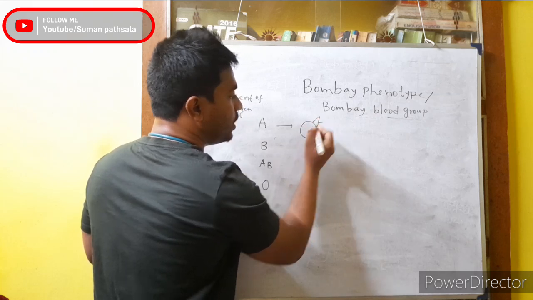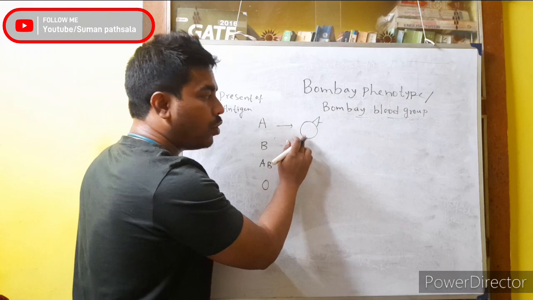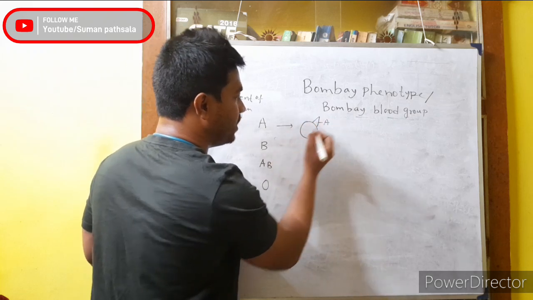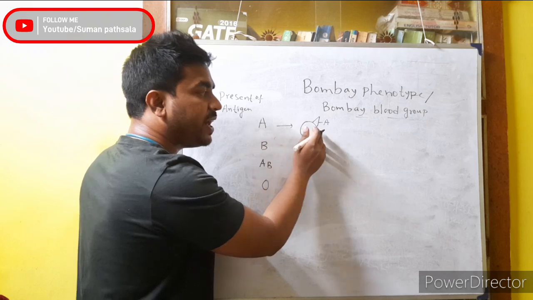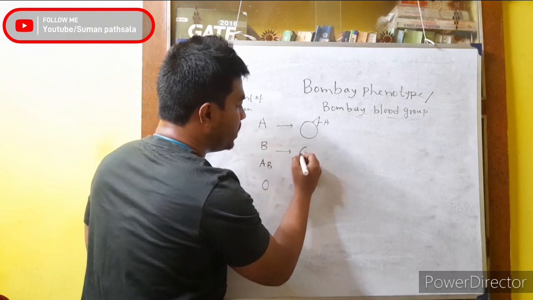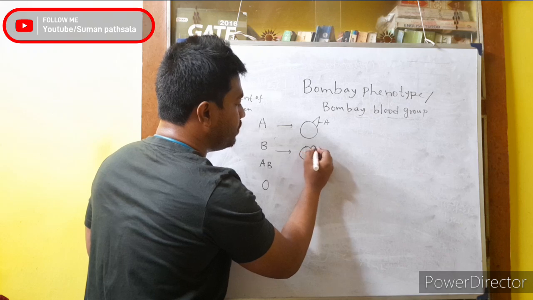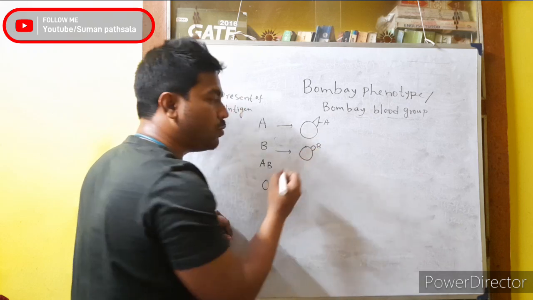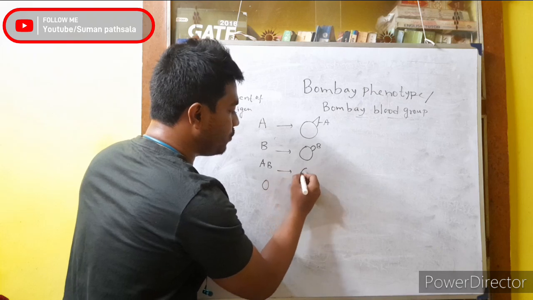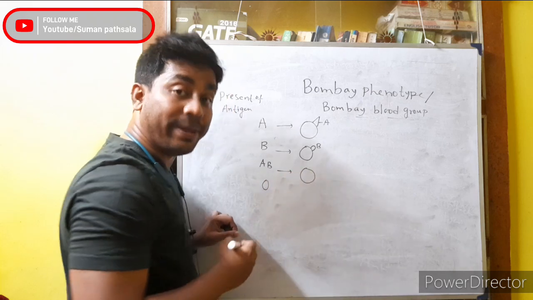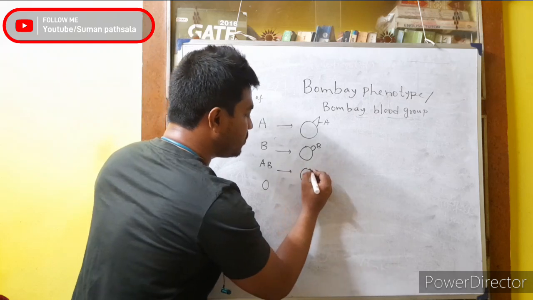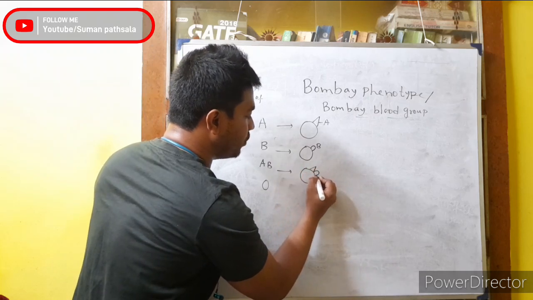We all know that on the outer region of the blood cell the antigen is also present. If it is A blood group, it has the A antigen. If it is B blood group, it has the B antigen present on the outer side. In the same way, if we have the blood group AB, that means we have 2 antigens.